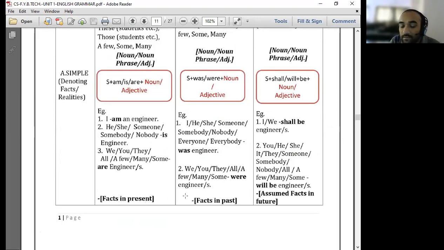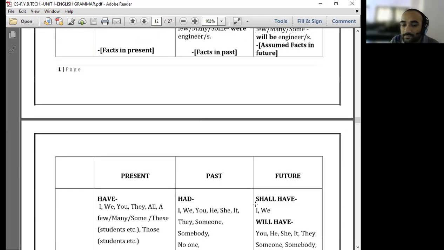In simple past tense, we use it for denoting the facts in the past, and simple future tense is used for denoting the assumed facts in the future. Is this understood?